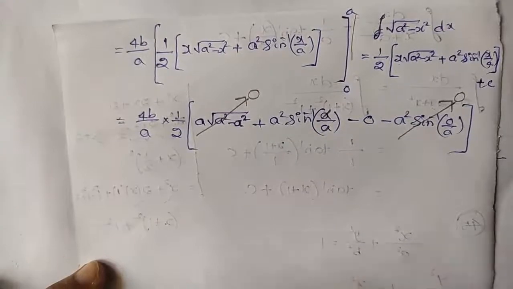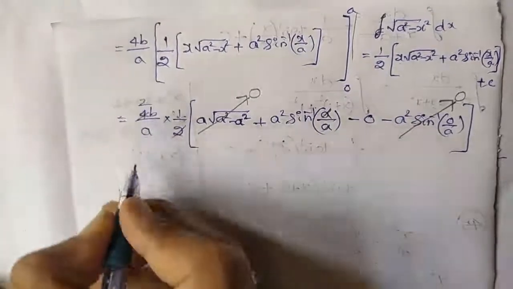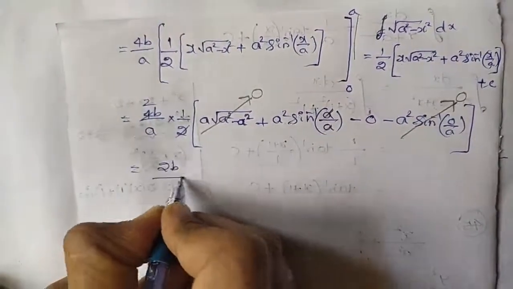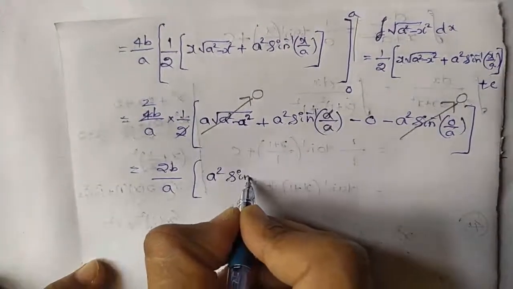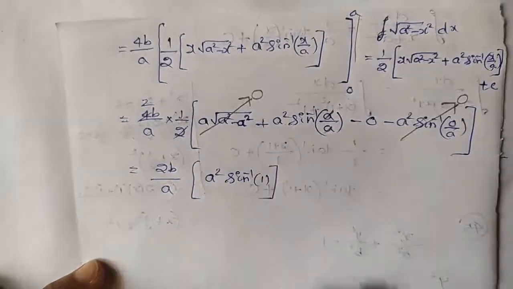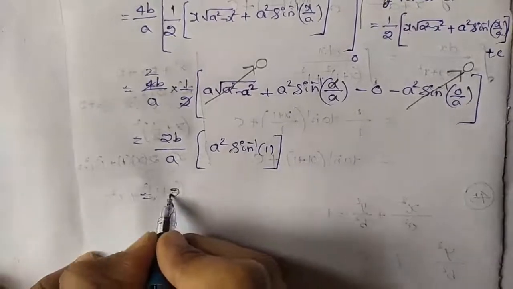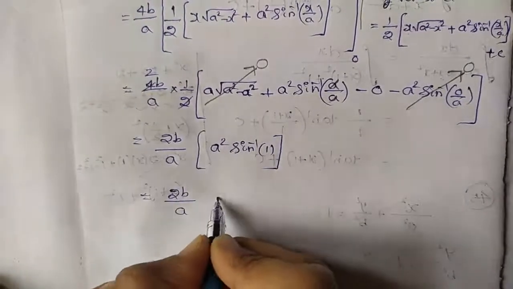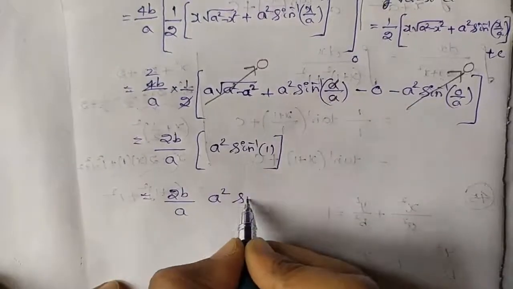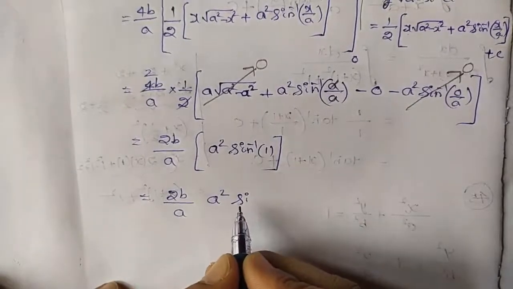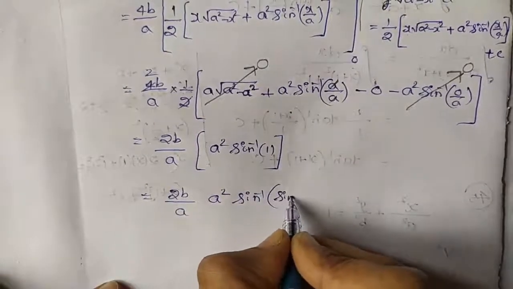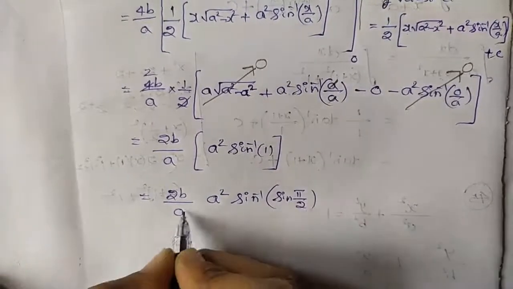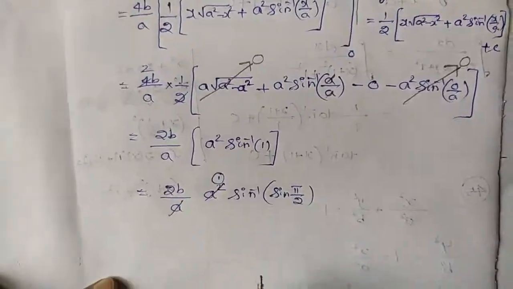Therefore 2 1s are 2, 2b by a into a square into sine inverse 1. That is equals to 2b by a into a square into sine inverse 1. Sine inverse 1 is nothing but pi by 2. Sine inverse of 1 is nothing but sine pi by 2, sine 90 degrees. A square will get cancelled, 1 a will be there.